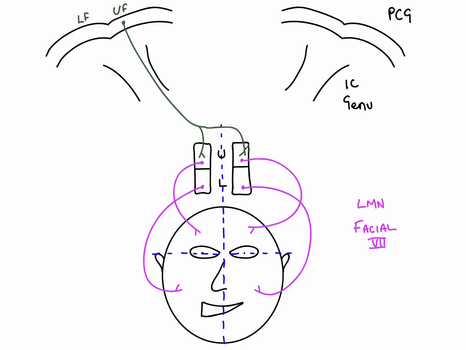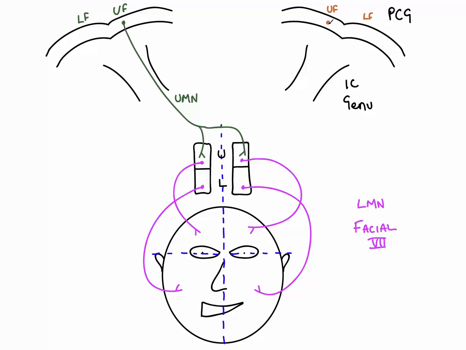An upper motor neuron is passing to the upper portion of the facial nucleus. So here we have our upper motor neuron. And this is going to happen for the opposite side as well. So here we have the upper face region, and here we have the lower face region.